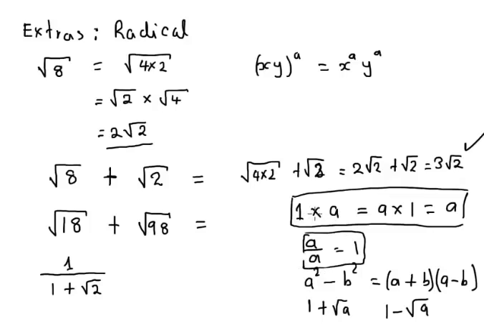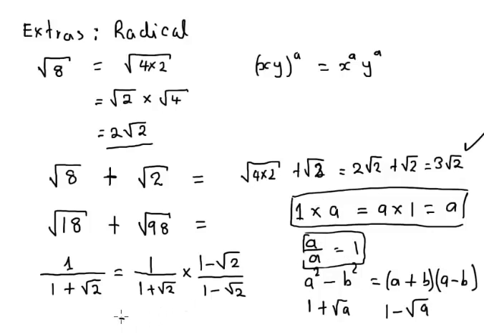I must remember that. So what I'm going to do here, I'm going to say this number is equal to 1 over 1 plus radical of 2, times 1 minus square root of 2 over 1 minus square root of 2. The only reason this equality holds is because of what you've got there and there.